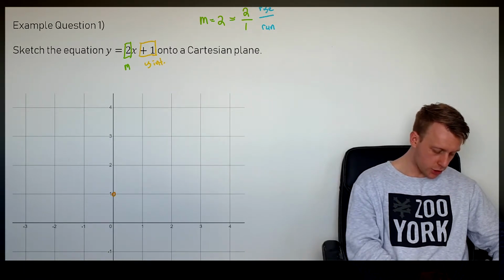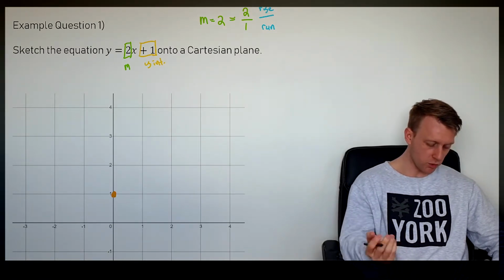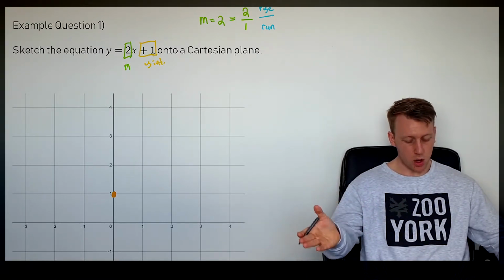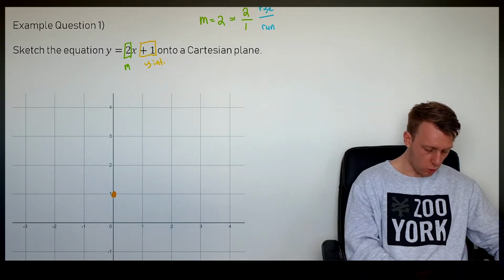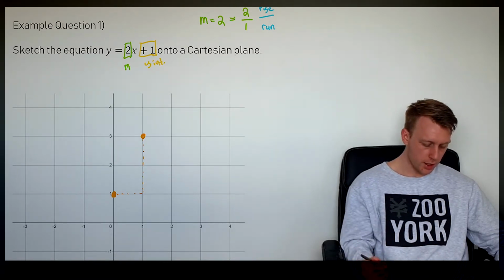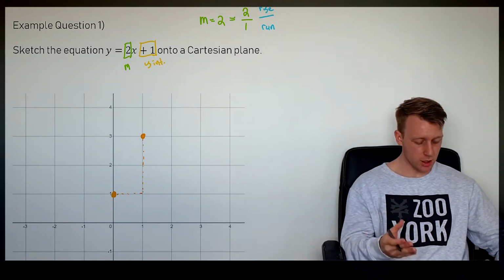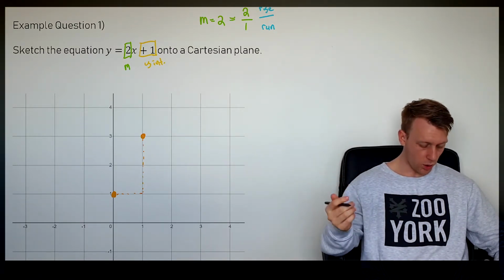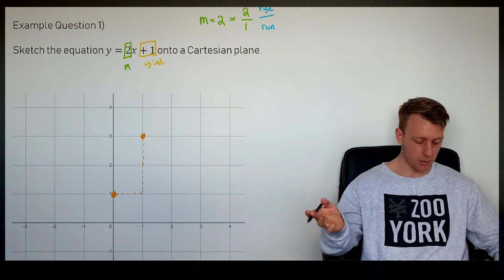That means that our straight line is going to have a y-intercept of 1. So I'm just going to put a dot there. And as I run along 1, I will have gone up 2 to this point here, because I've run along 1 and I've gone up 2. I'm just going to connect my dots accordingly, because I know where the y-intercept is, and as I go along 1, I will be going up 2.